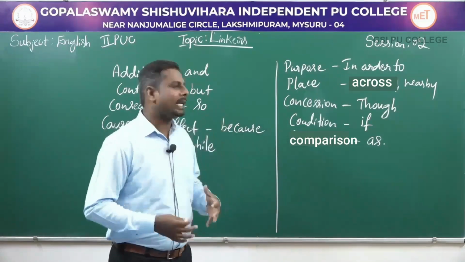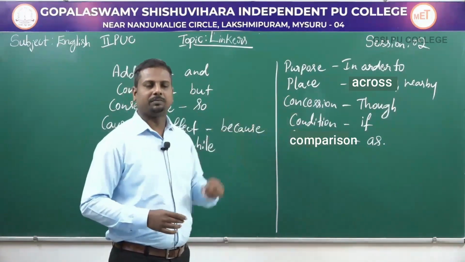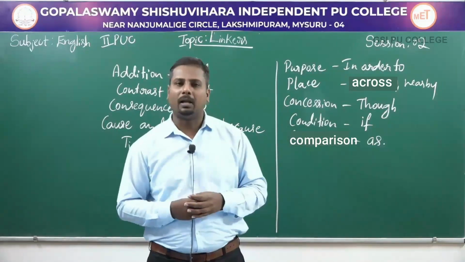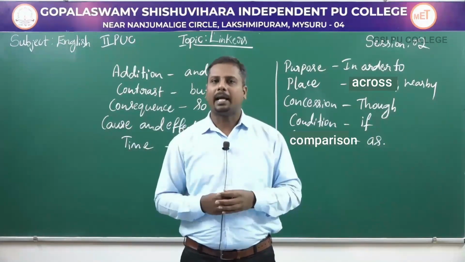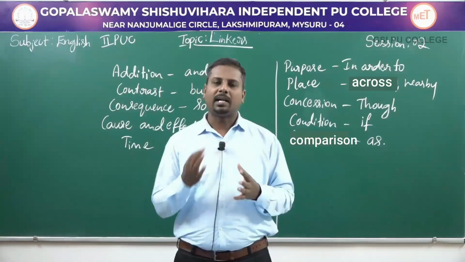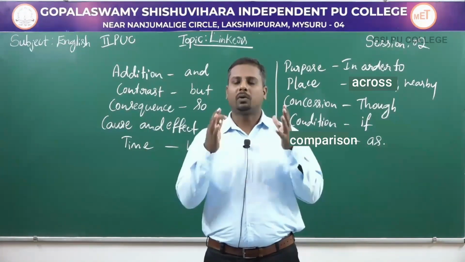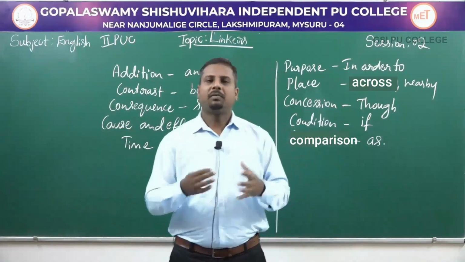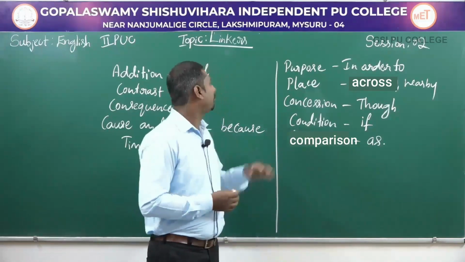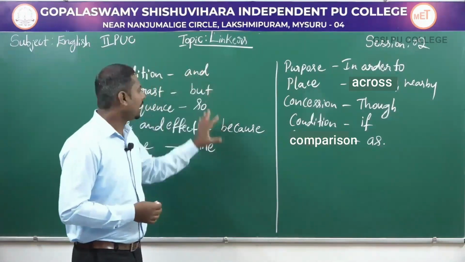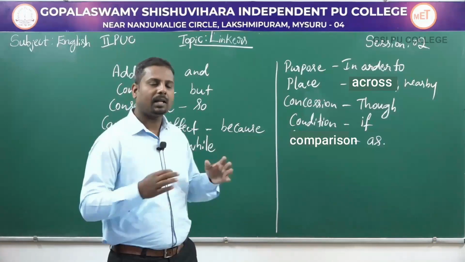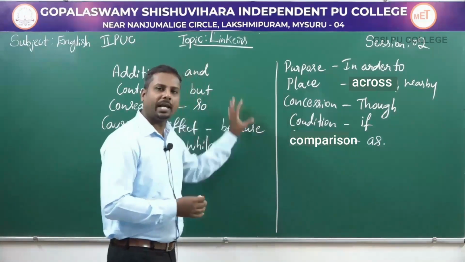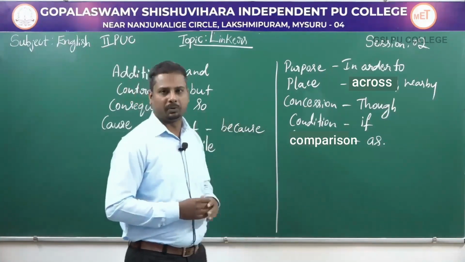Now there are alternatives to these words because these words are fairly informal, but for academic writing you may have to choose alternatives to make your sentences more academic, more varied and more sophisticated. First we will see the sentence examples of a few linkers written on the board, and then we will discuss the alternatives to these linkers.